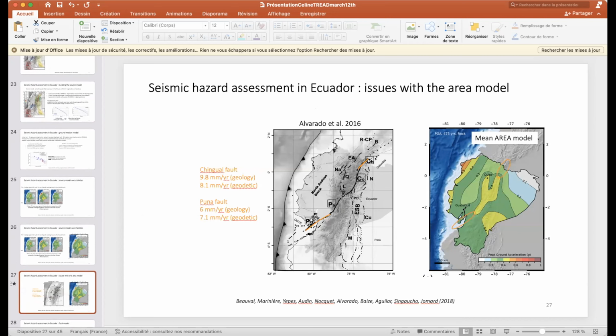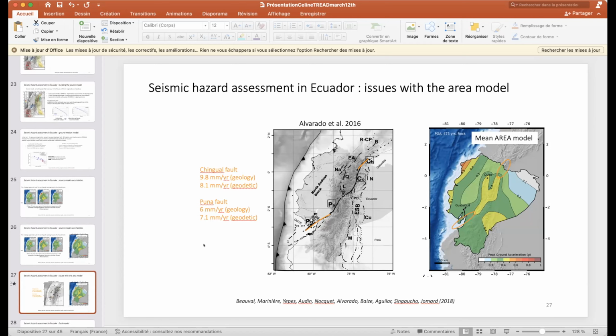And we observe that in 2 regions, one close to the border with Colombia and one south of the city of Guayaquil, the acceleration values were rather low, although there are some active faults clearly identified with deformation that has been measured both by geology and geodesy. These areas have been seismically rather quiet in the instrumental period.